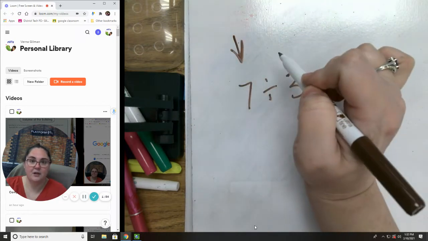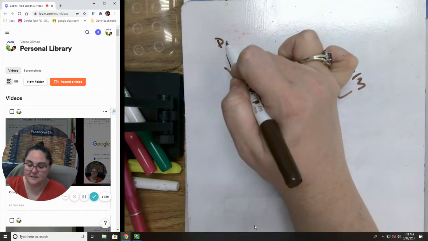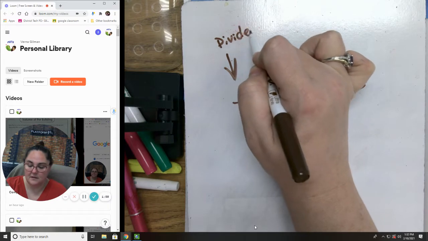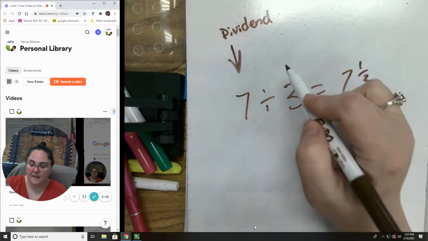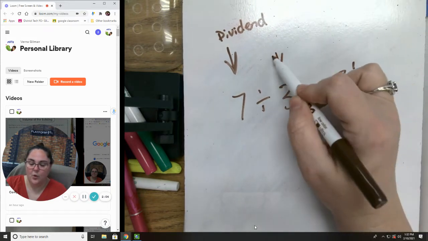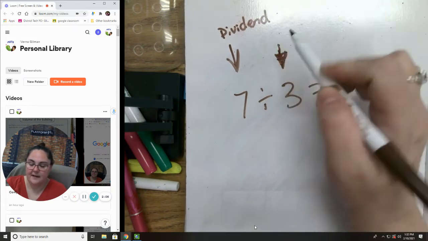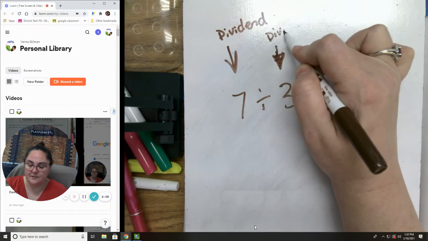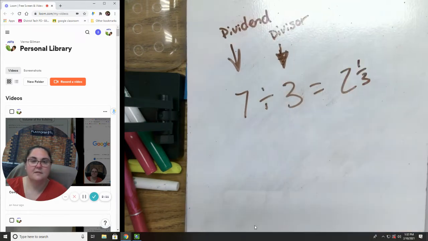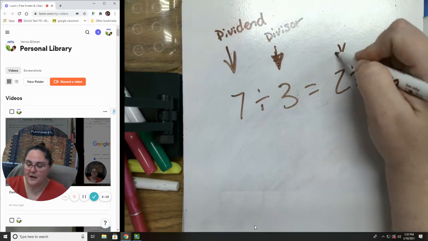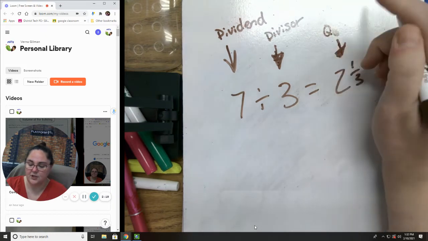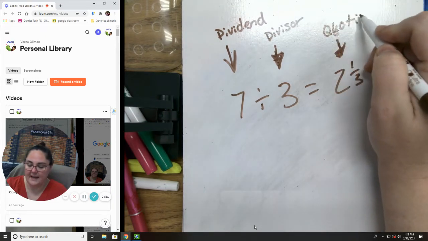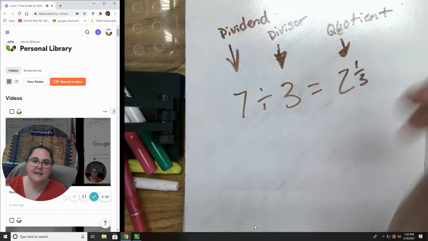This, the number you are dividing, is called a dividend. This number right here, what you're dividing by, is your divisor. And finally, I know we've talked about this before, but your answer to a division problem is called a quotient. Q-U-O-T-I-E-N-T, quotient.